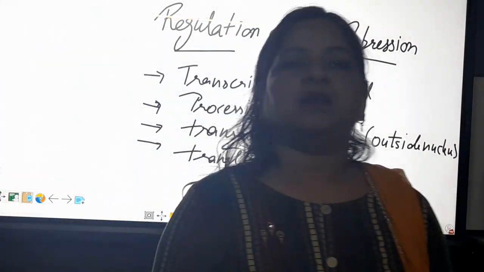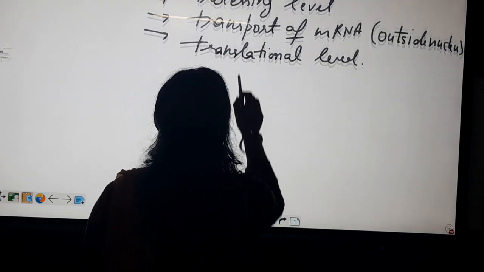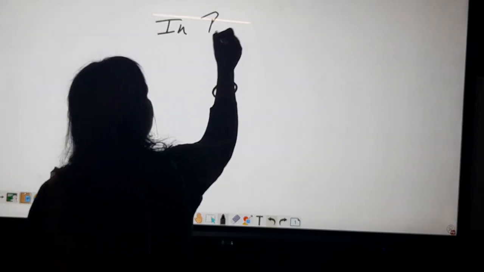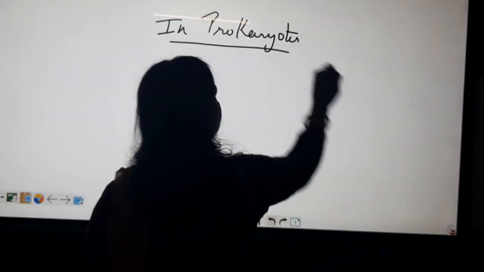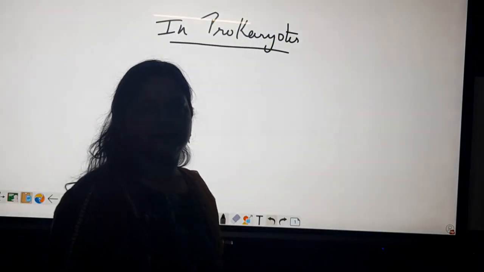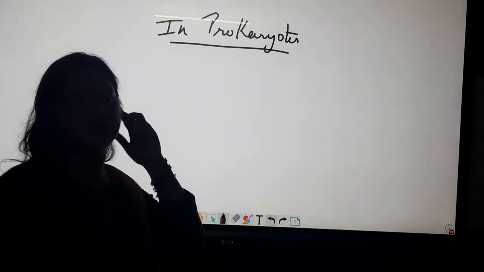Today we will understand how the gene is regulated in prokaryotes. As you all know, prokaryotes means living organisms which are microscopic and have prokaryotic type of cells.